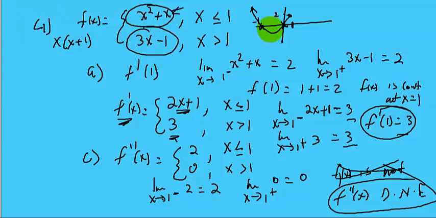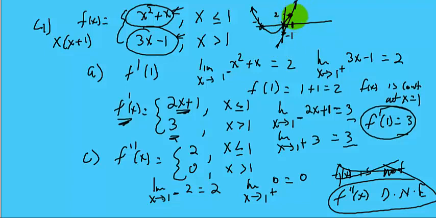What kind of slope does this line have? 3. And what's my y-intercept for this line? I'm going to call this negative 1. That's my y-intercept, and 3 means I'm going to go up 3 steps over to the right 1. So I have a line that does this.